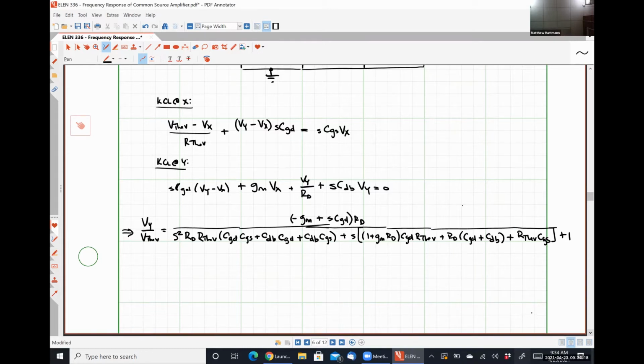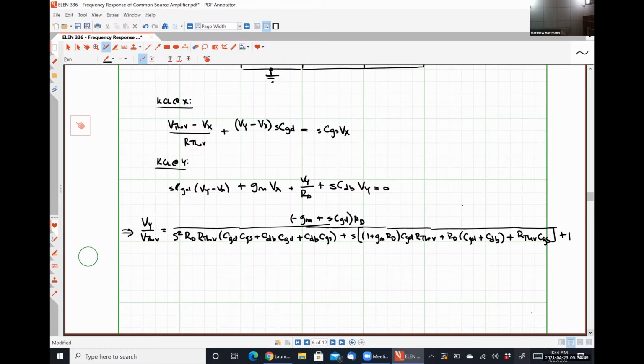Okay, so this is what we have. On the top it should be pretty easy to see that we have a pole at GM over CGD. And then we have that horrifying denominator that is a function of S. It is S squared times some horrifyingly large coefficient plus S times some equally horrifying coefficient plus 1.